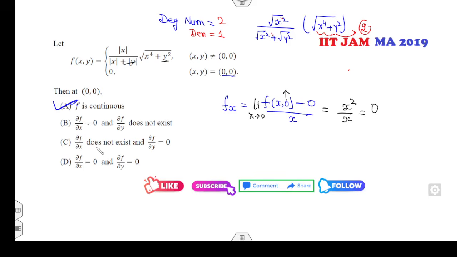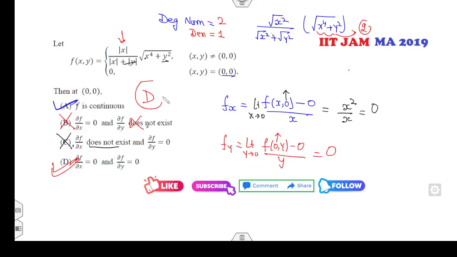So limit is 0, partial derivative does not exist, cancel. Similarly, f of y will be limit y approaches 0, 0 comma y minus 0. Whenever x is 0, this complete term will be 0. So partial derivative y does not exist, cancel.